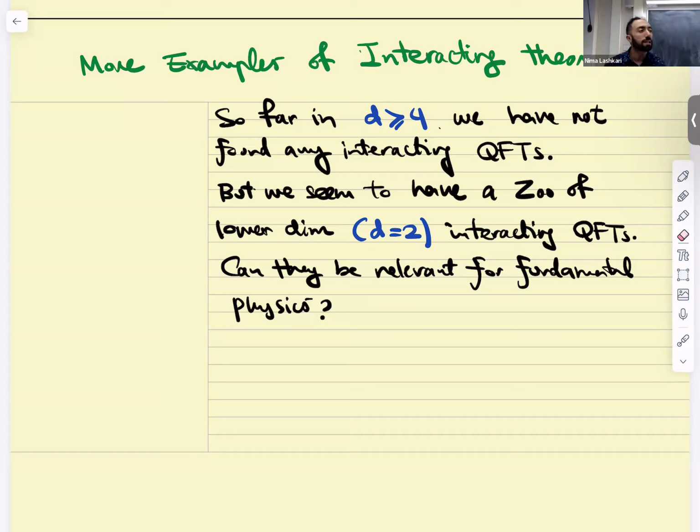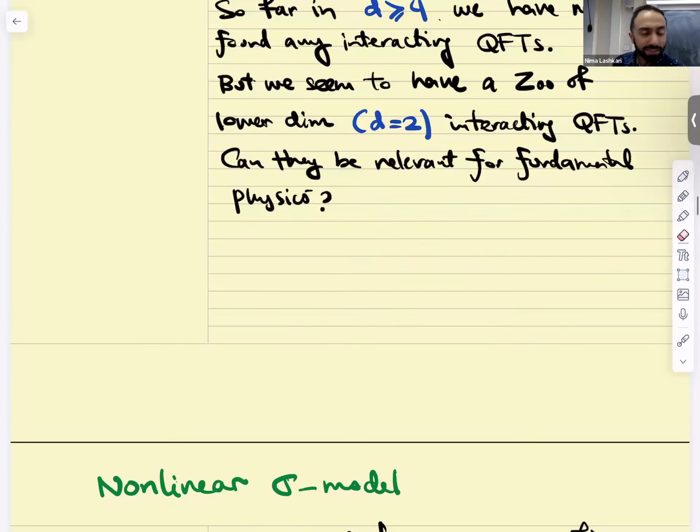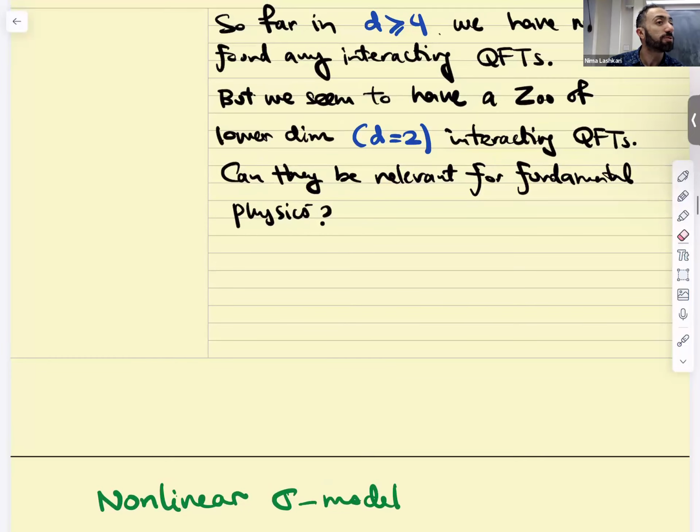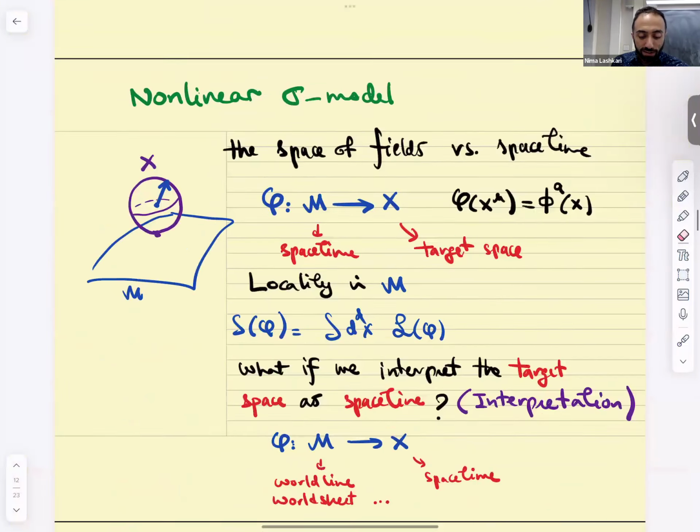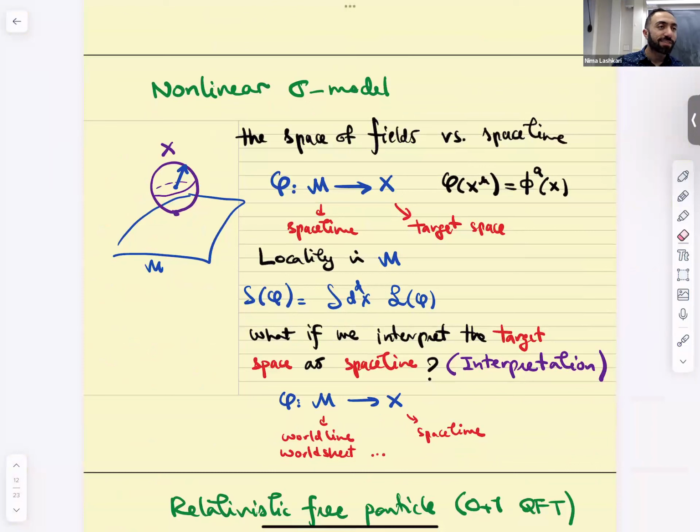We want to build something for the fundamental theory of particle physics, which is going to be 4-dimensional, right? Can we recycle all this technology we've developed? This is the way I'm pitching it. Of course, the story of this is older. So today we're going to talk about one of those ideas, the nonlinear sigma model.